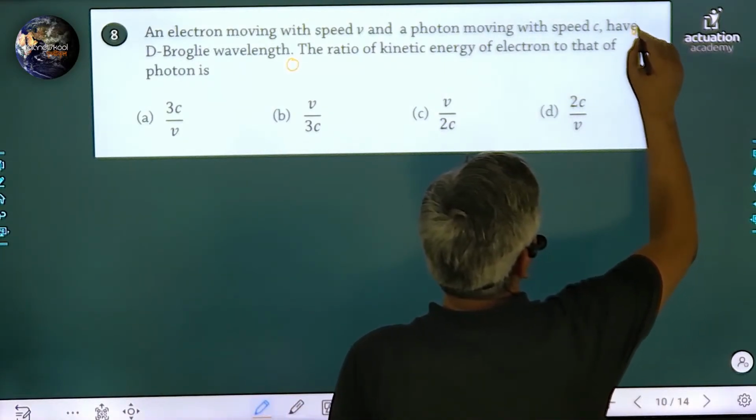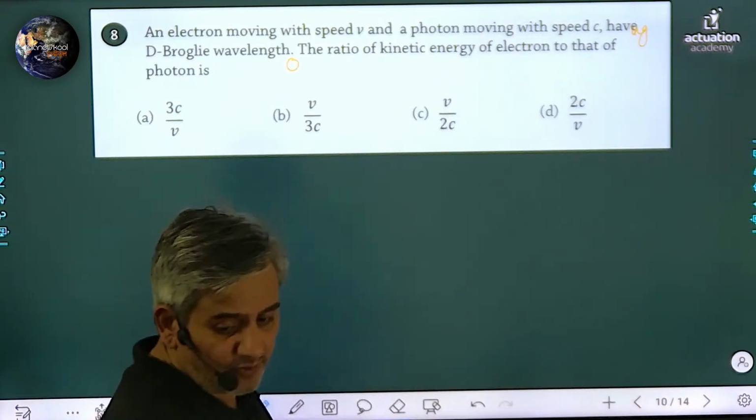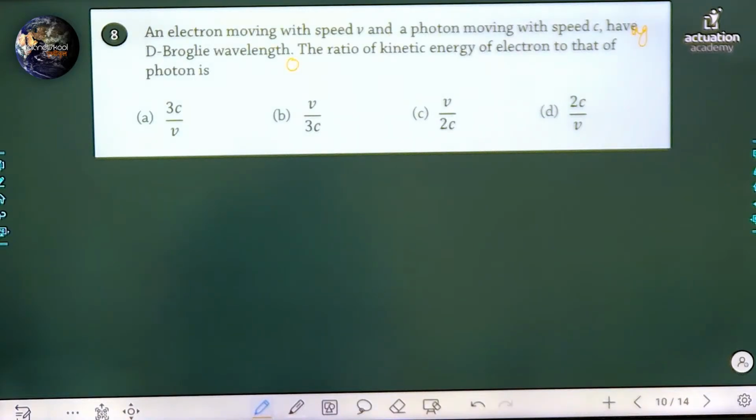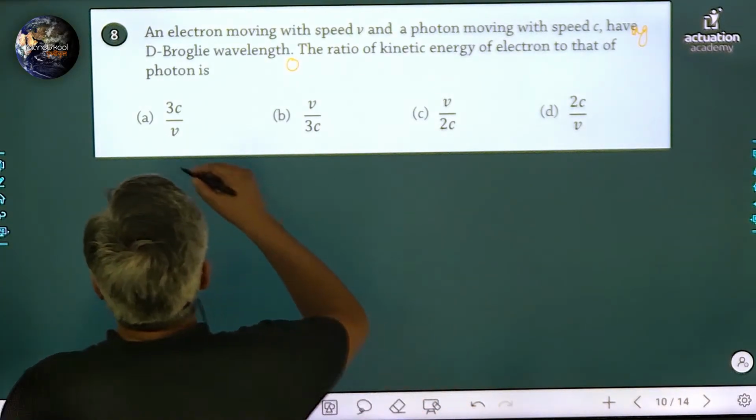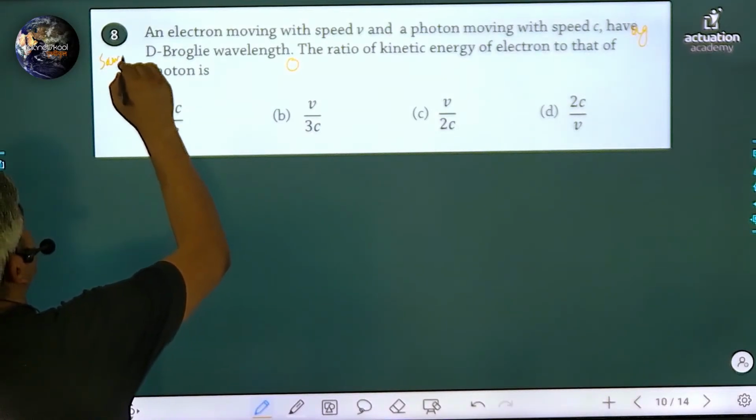This must be having the same de Broglie wavelength. It looks like they have the same ratio of kinetic energy of electron to the photon. Yes, they have the same de Broglie wavelengths.